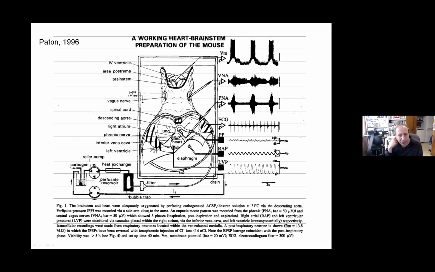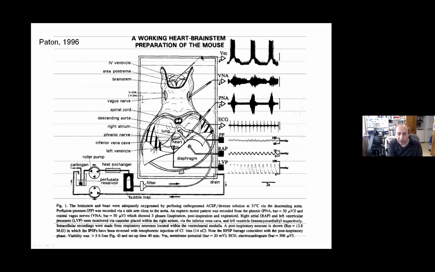Now, one preparation that someone created, by patent in the UK, is not in vivo and not in vitro. So it's not a brain slice, and it's not an entire in vivo. It's a working heart brainstem preparation.